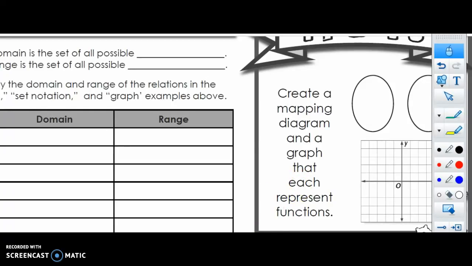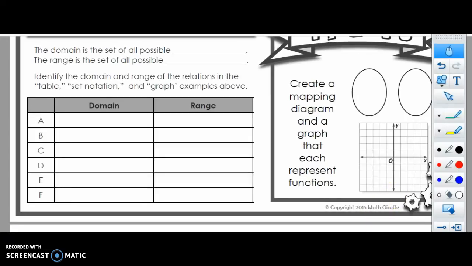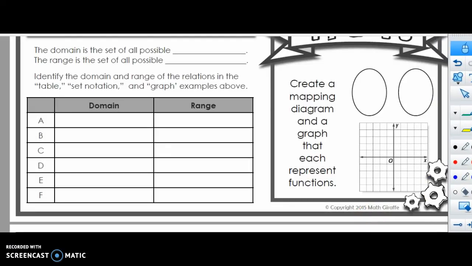Let's just try some numbers here. Let me zoom out a little bit. Sorry about that. It says create a mapping diagram and a graph that each represents functions. So I'm going to use a different color this time. I'll use blue.